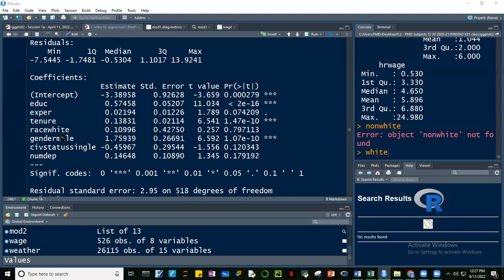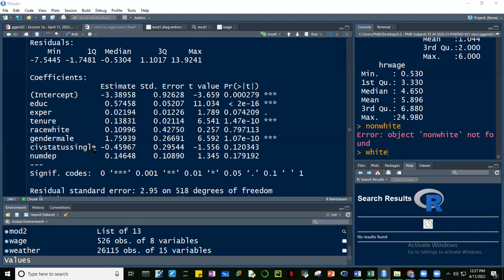So our benchmark is the non-white. Our benchmark is female. Our benchmark is married. Eh, bakit pinili ni R? Well, kasi nag-automatic siya na yung alphabetical na mauuna, siya yung gagawin niyang benchmark. Pag sinabing siya yung gagawin benchmark, siya yung gagawin 0.